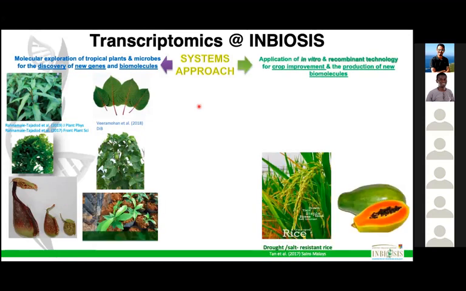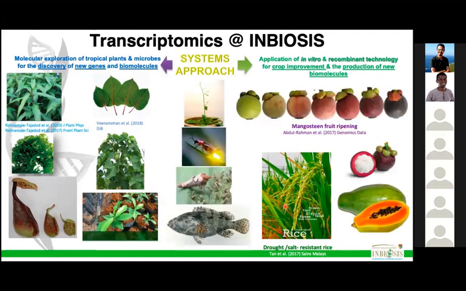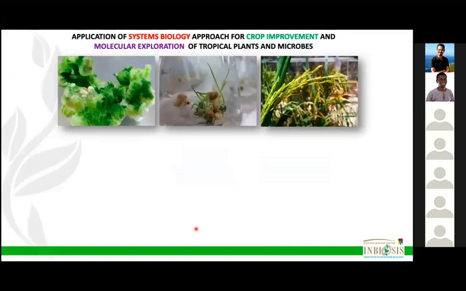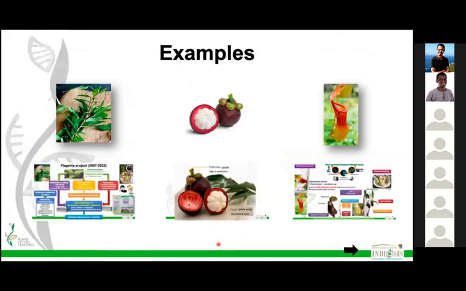Also crop improvement of fruit and rice. And we have other organisms too, like the firefly, the pest of oil palm, and also the tiger grouper, a delicacy and expensive fish. So we use this framework of multiomics and tissue culture technology towards synthetic biology or crop improvement for commercialization. And this is the framework that we use.